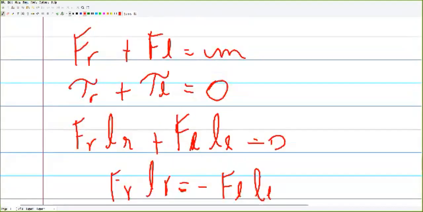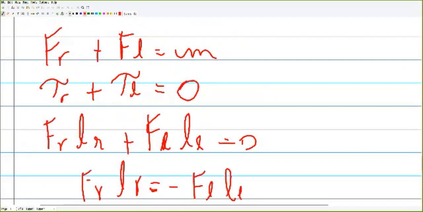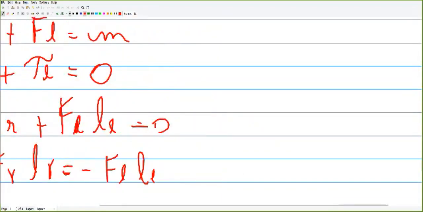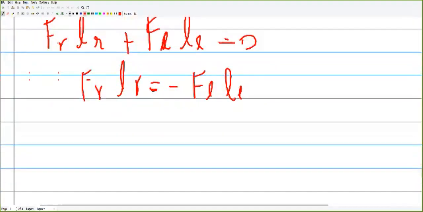Okay, so how do we do this? We can say that F of R plus F of L, that's minus 60.